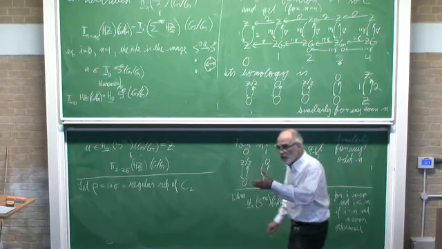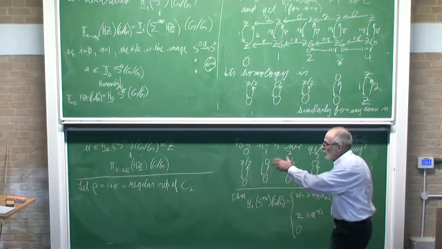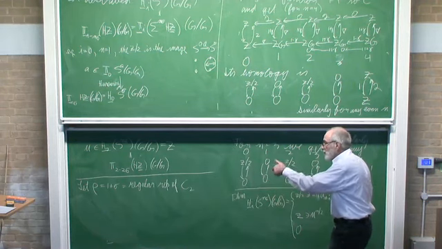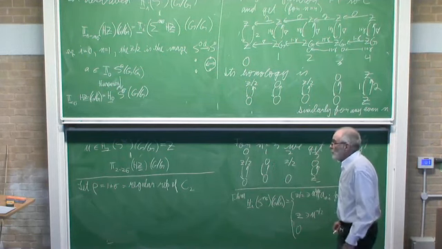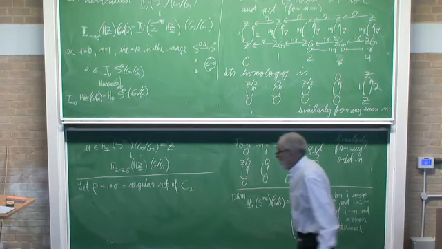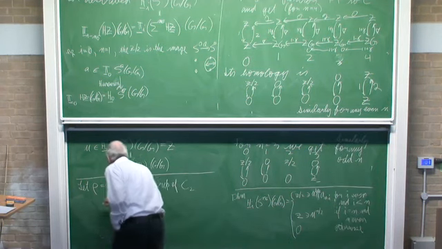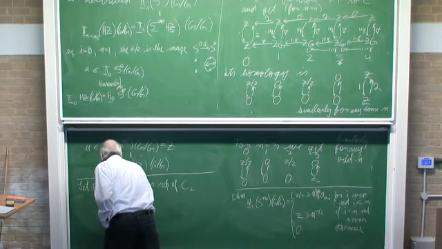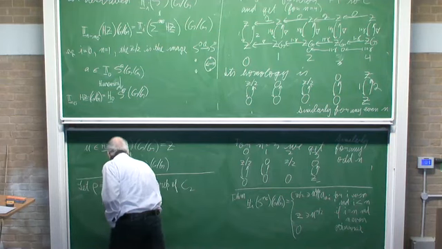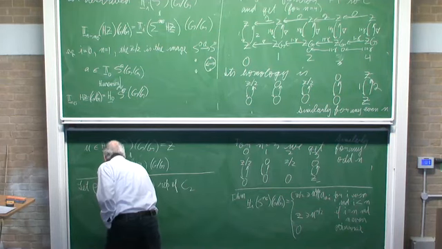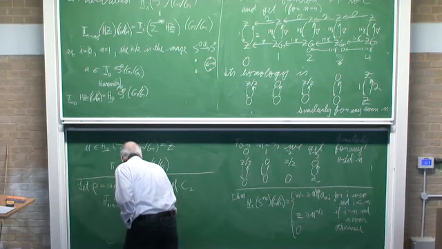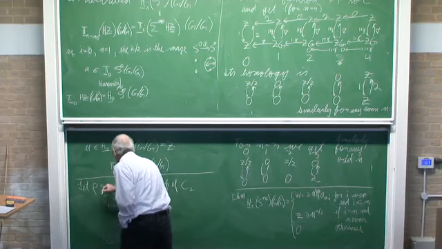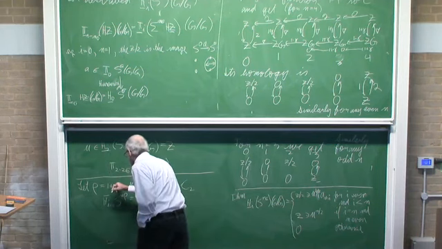So this is a two-dimensional representation where the group swaps two basis elements, and it's isomorphic to 1 plus sigma. So we can say that the reduced homology of this is the same because rho is 1 plus sigma.